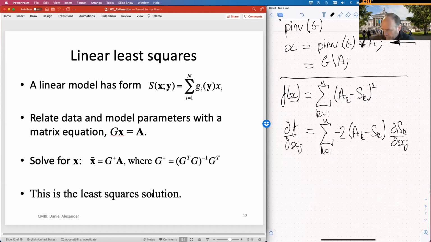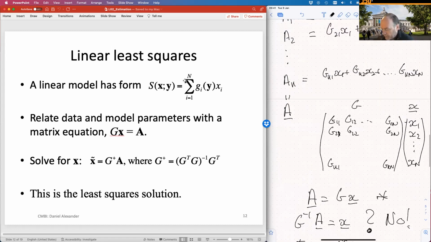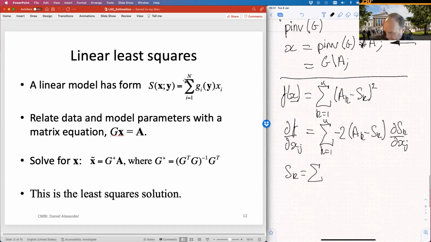But of course, we're assuming a particular form for our model, s here, and it's this linear form on the slide. So we're assuming our model looks like this. So we can write s_k is, using this big G notation from up here instead, the sum over i from 1 to n of G_ki x_i.